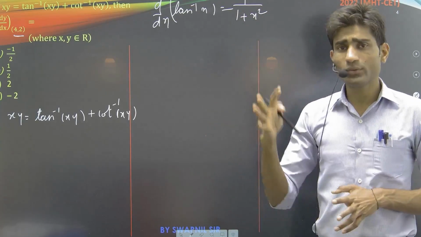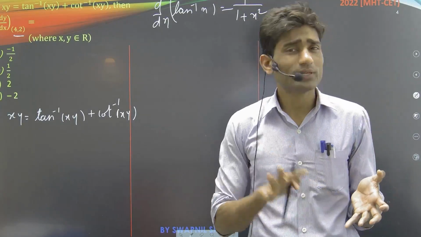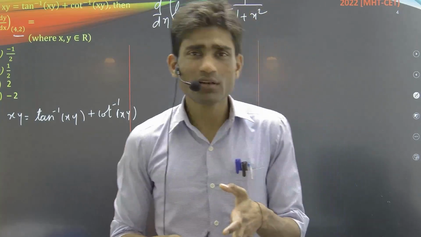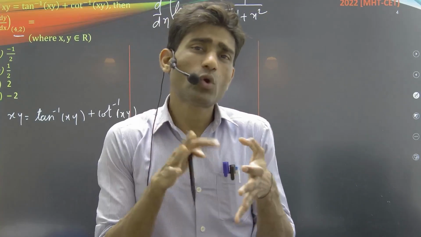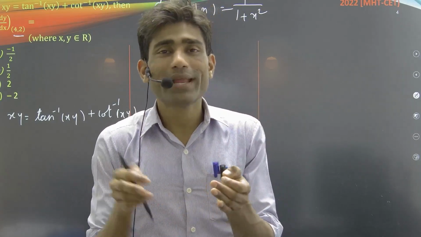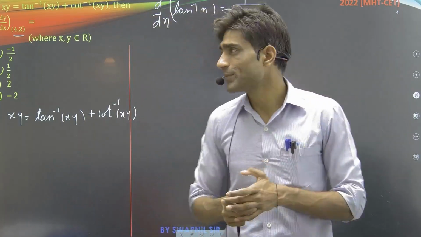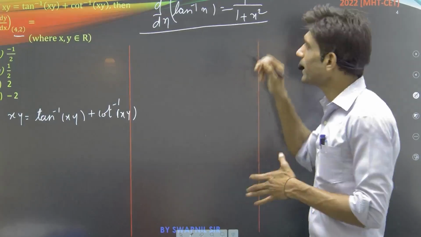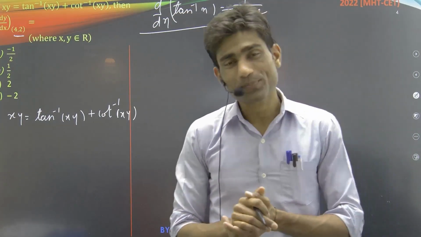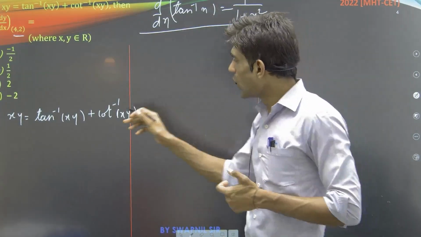For cot inverse, we do not take the reciprocal, because inverse trigonometric functions sometimes have a different domain and codomain, since the values coming from the domain restrict the codomain to a certain interval. That's why we do not take the reciprocal for inverse trigonometric functions, and we have to find the separate differentiation for cot inverse of x.